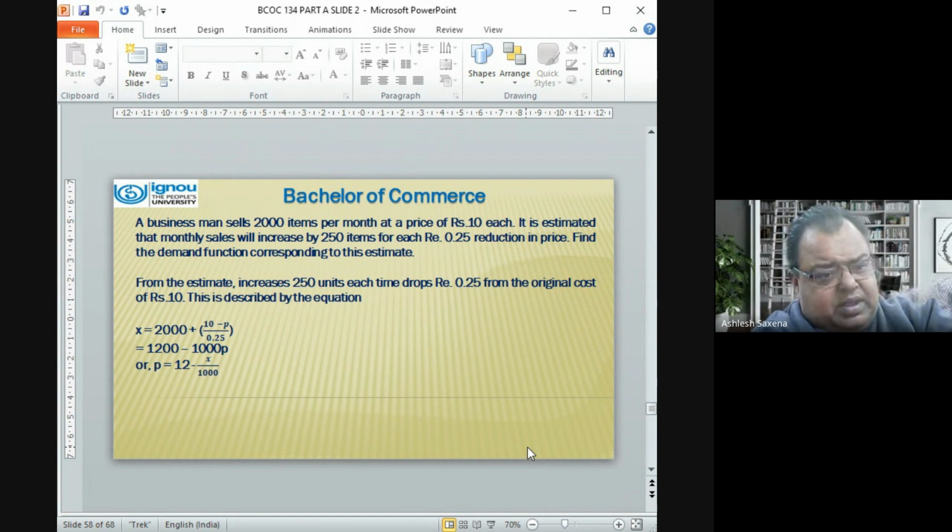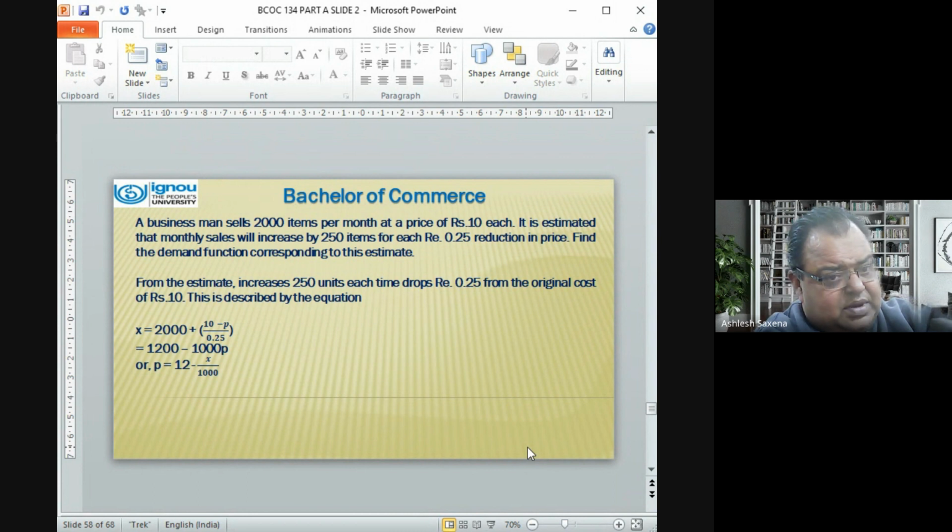Going back to the problem, the estimate is an increase of 250 units each time the price drops 0.25 from the original price.